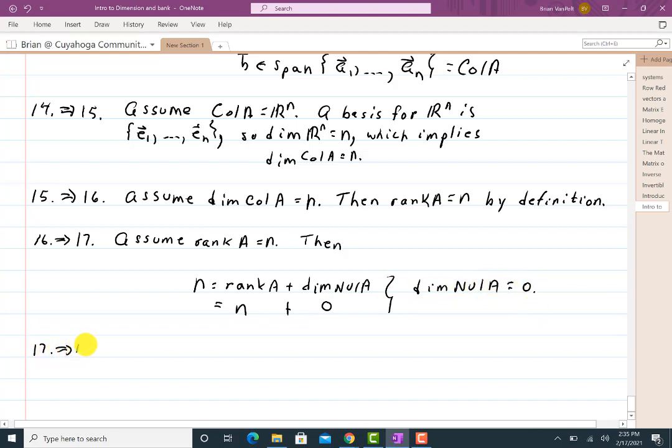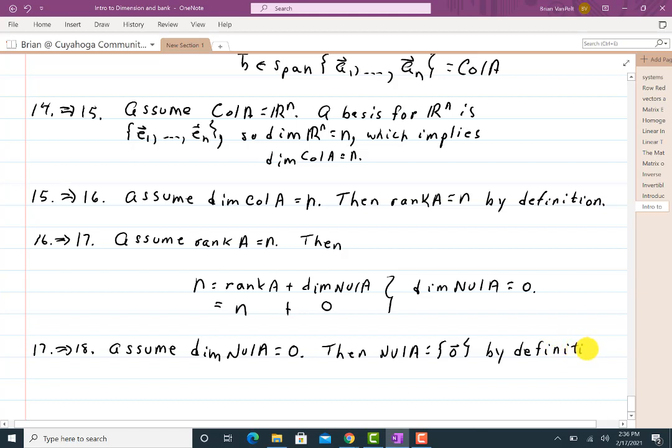Now we'll do 17 to 18. Assume the dimension of Null A equals 0. Then Null A equals only the 0 vector by definition. No basis implies that there are zero vectors in that basis. Now let's finish off this piece by doing 18 to star 2.